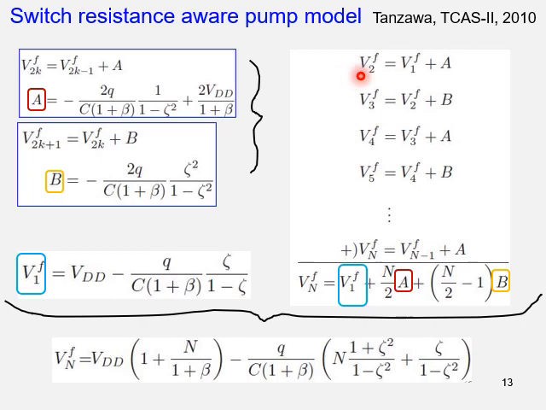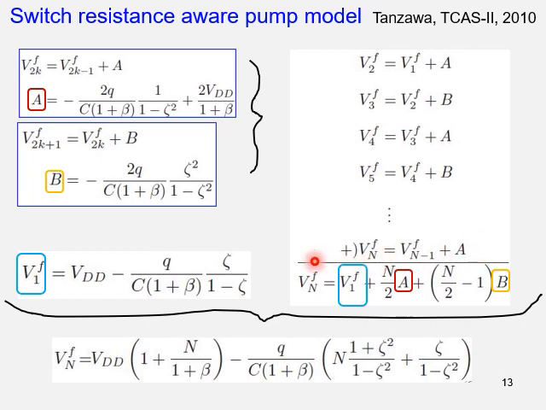Then you just write down all the terms from k equal 1 through n. Then the terms have these kinds of form.